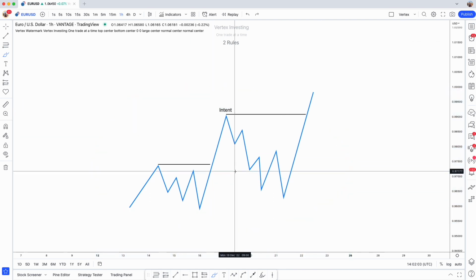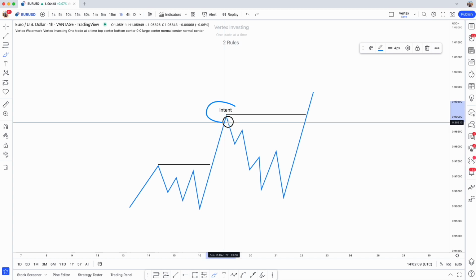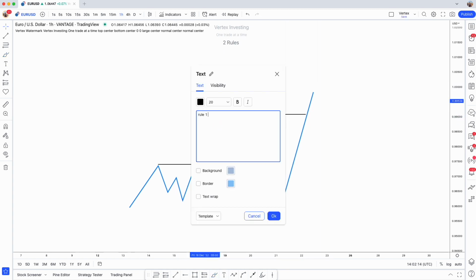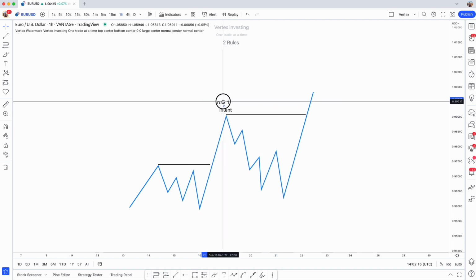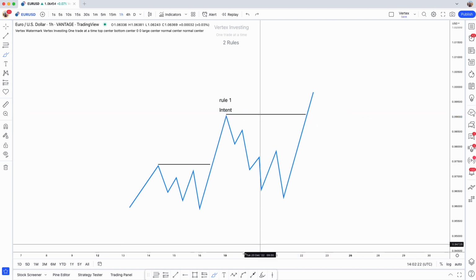And that is fully tied in and based around our structure rules. So what we have here is the intent. That is rule number one. Then following that, once we have the second break of that major structure, which we have here, we have rule number two.